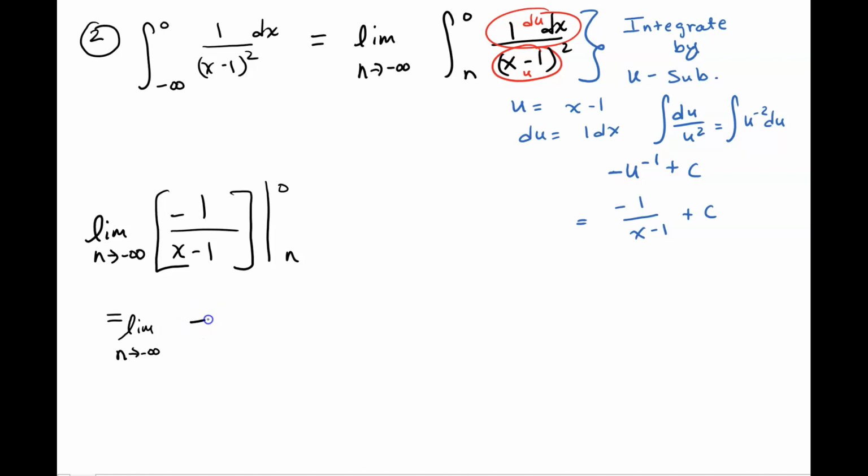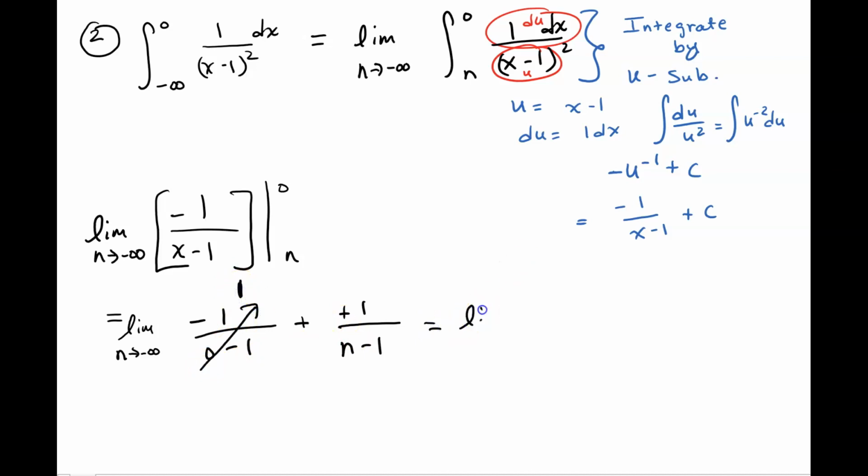We should have said -1 over 0 minus 1. I said this looks fishy. Minus -1 over n minus 1. Here's where we were going with this. So this right here is plus, and this becomes a +1.